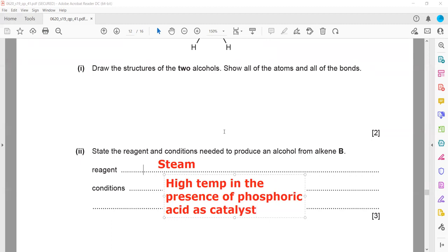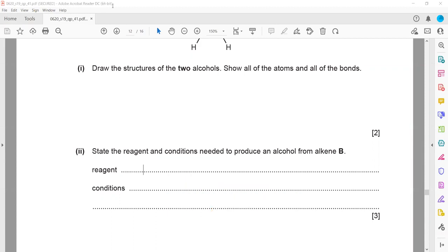You have to learn these reaction conditions for hydration of alkene. Reagent means the chemical and the conditions which allow the reaction to occur.